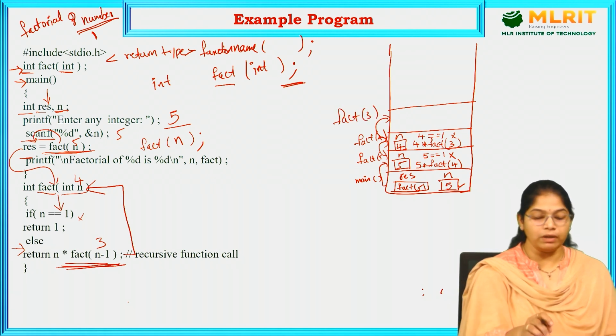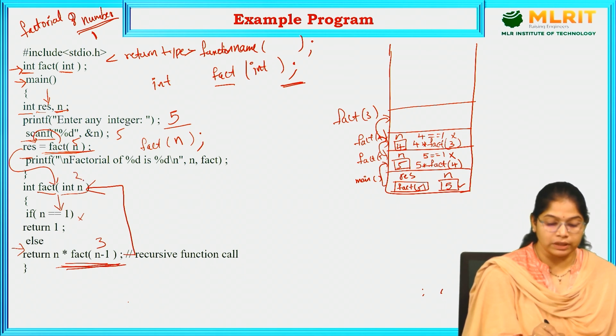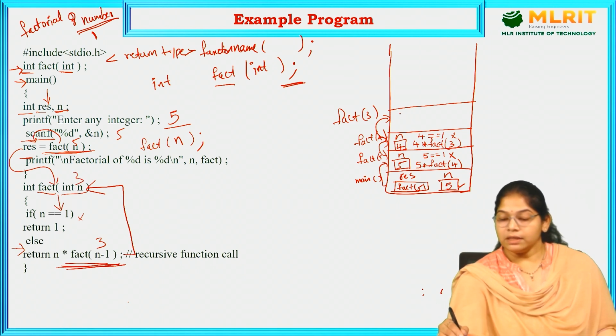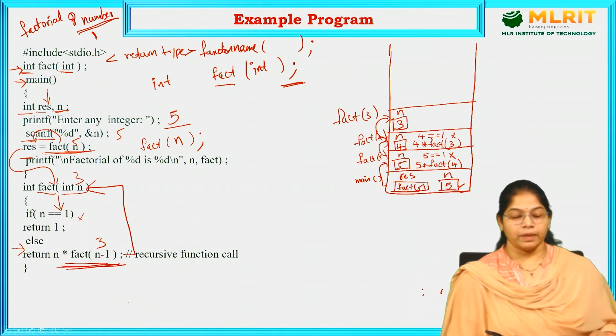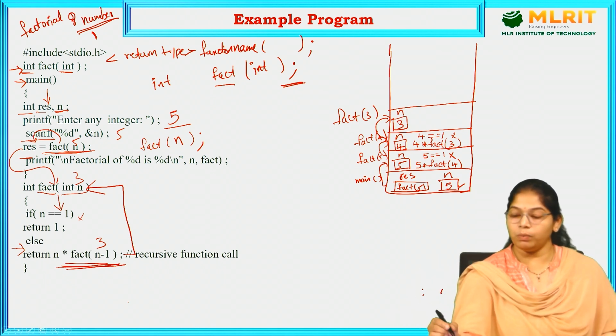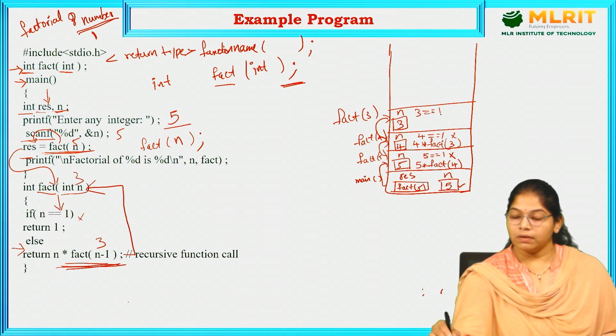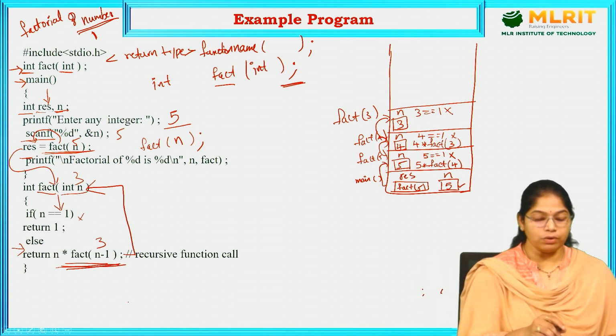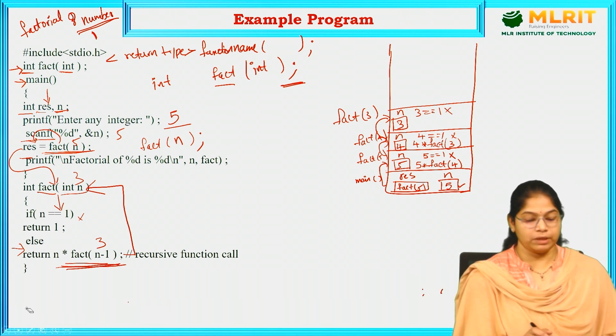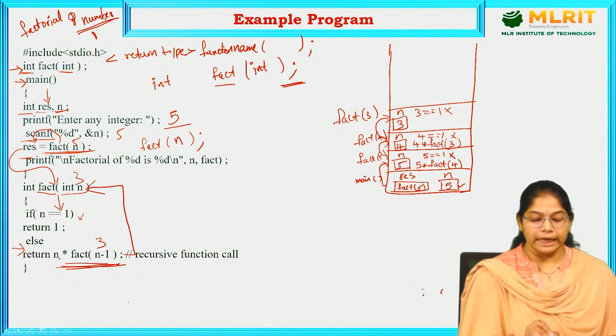Now, what is the n value? N value is now 3. In this segment, the n value is 3. Is 3 equal to 1? No. So the control goes to the false block. In the false block, we have return n into fact of n minus 1, where n is 3.